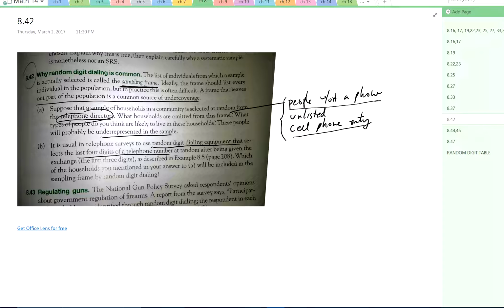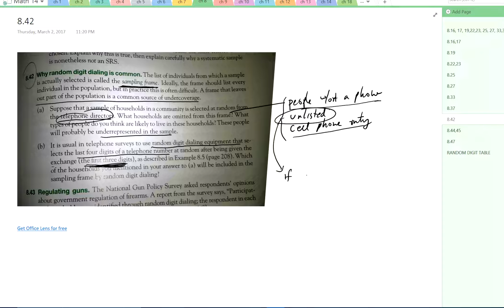Well, now that I'm randomly selecting digits, if I'm given an exchange, which is the first three digits, I'm going to hit which people? Well, the people that are unlisted, I'm now going to get, as long as you have a landline. Because if these first three digits are from a landline, now I am hitting the unlisted people because the unlisted people still have a landline.